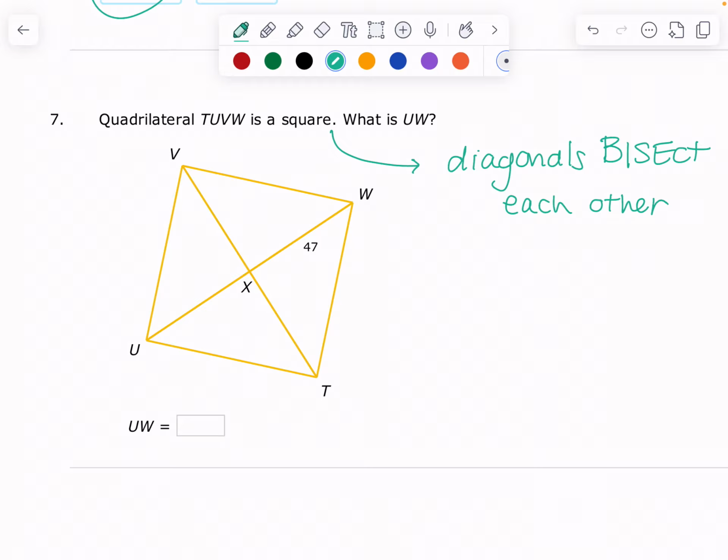And that helps us because if this side is 47, from X to W is 47, this side also has to be 47. So the whole thing to get from U to W would be 47 multiplied by 2, or 47 plus 47. So 94. So UW would be 94. Not too shabby, right?